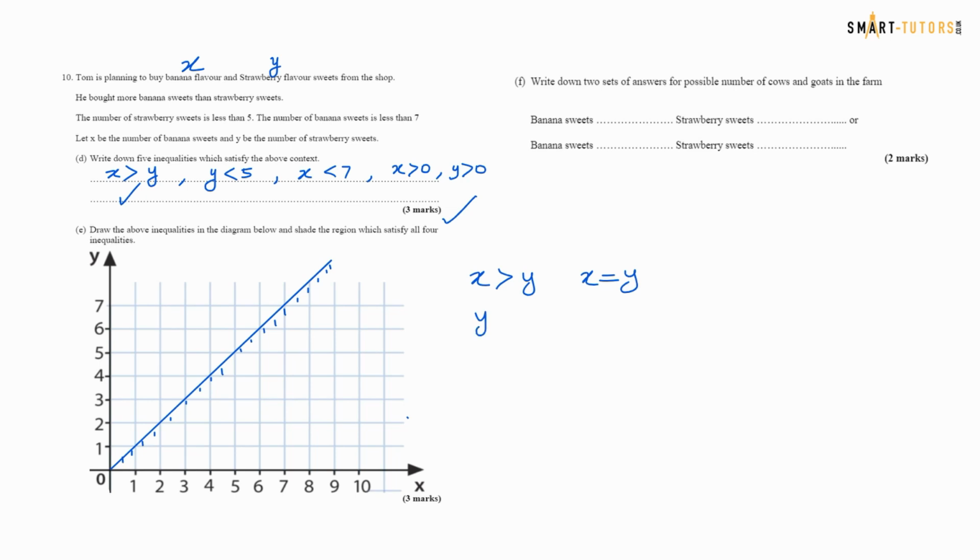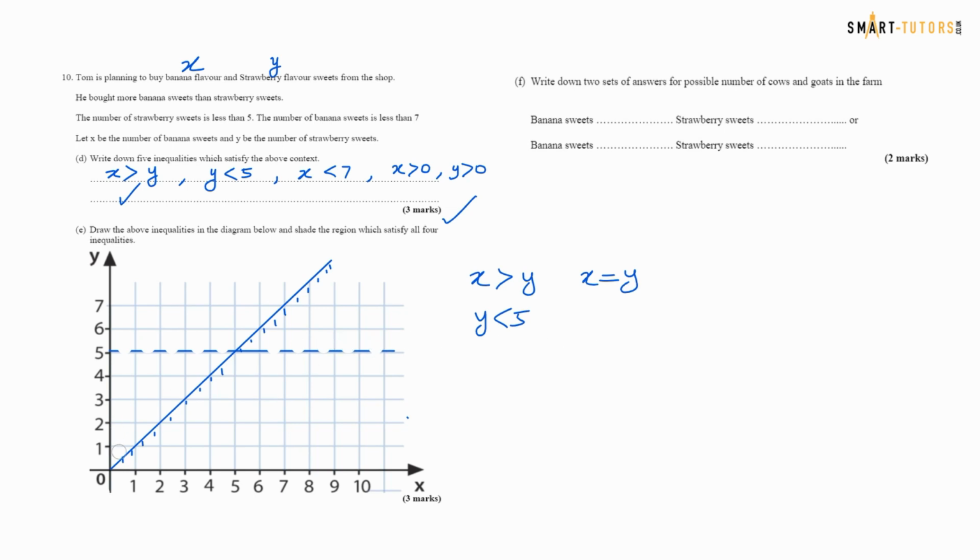Second one, y is less than 5, y equals 5, you know. Be careful that you need to draw all these lines with a dotted line, right? I don't have a tool to draw the dotted lines, but I'm trying to do the dark line and just rub off small portions to make sure you understand those are dotted lines.